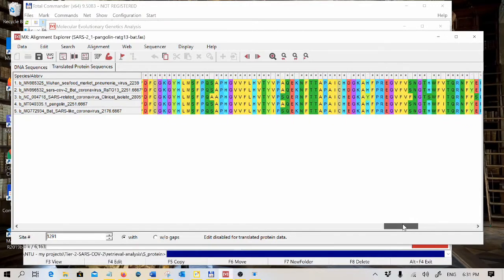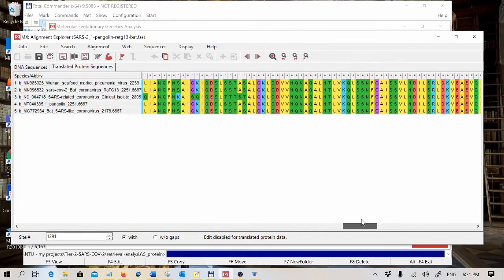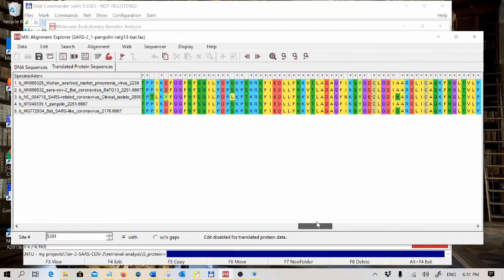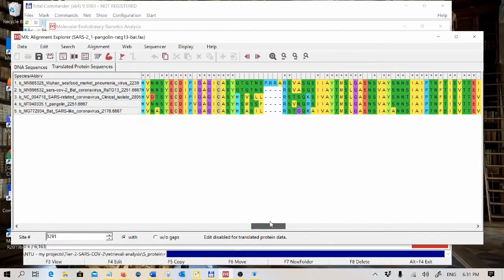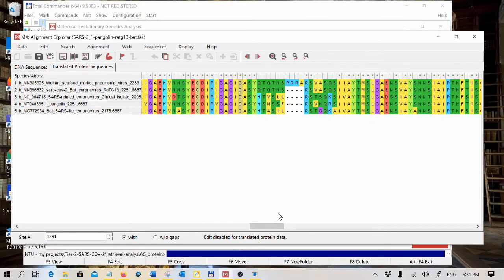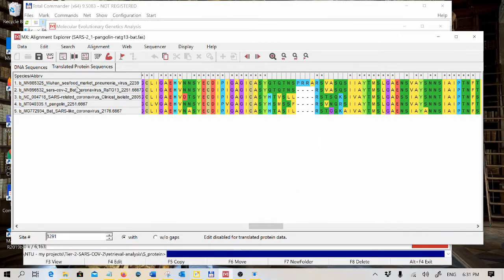Now let's scroll. We observe here quite strong purifying selection. Let's scroll to the furin binding site. Here it is. So we observe this insertion PRRA only in the SARS-CoV-2 S protein.